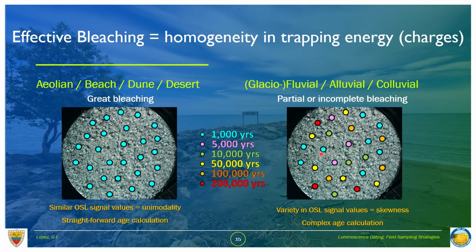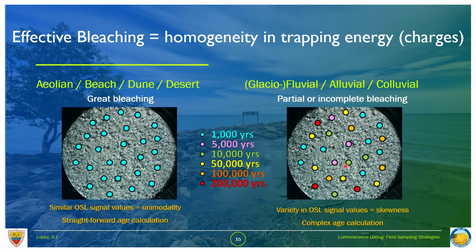As opposed to this other sample that comes from an incomplete bleaching environment, so a turbulent flow, a turbid waters, for example. So you're going to have a multitude of different signals being accumulated here, which translate into different ages. So this is actually very common in glacial or fluvial, alluvial, and colluvial deposits.